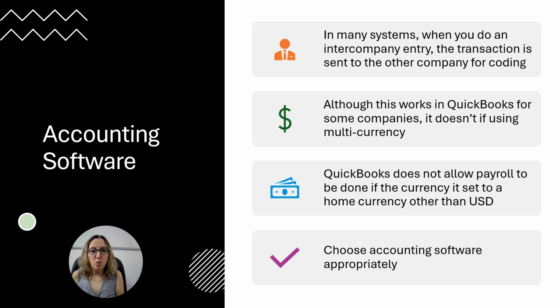The other thing about QuickBooks I wanted to mention is as soon as you're doing multi-currency, there are times you cannot do payroll. So if we have a home currency of Belize dollars, basically anything other than US dollars, that means we're not allowed to do payroll. So that's another thing to consider when you're choosing your accounting software. So I caution you that when you are setting up your company initially, try to think through the types of things you might be doing in the future before picking your accounting software.